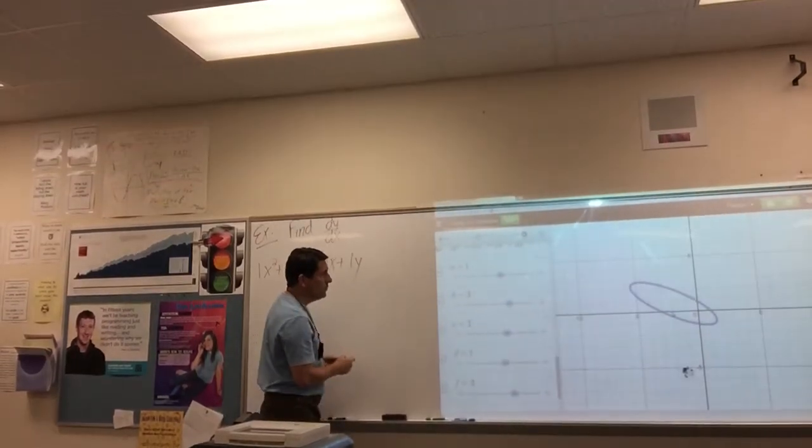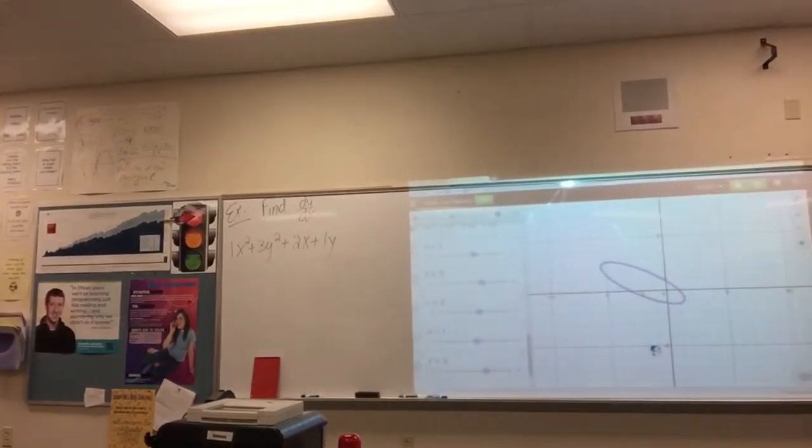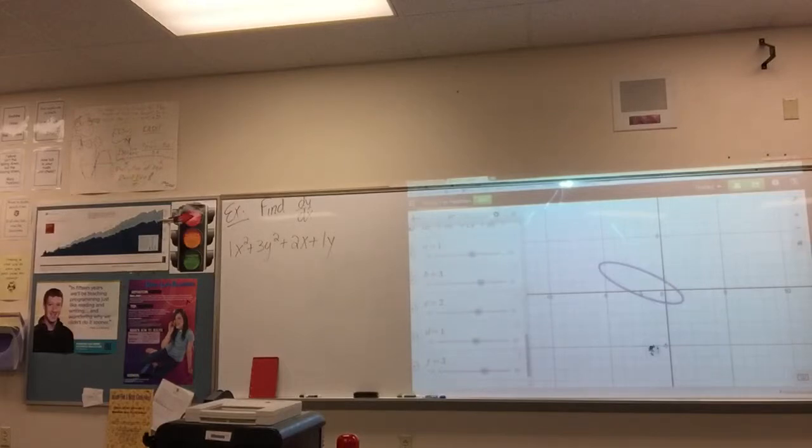Where's my e? Oh, I can't use e. It was using 2.71. E can't be used as a slider because e is a number. It's like using pi. So we'll add a slider of g. And g is at 1. Well, now it's this ellipse right there.